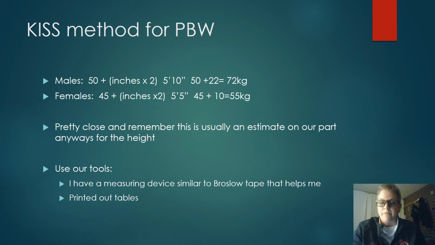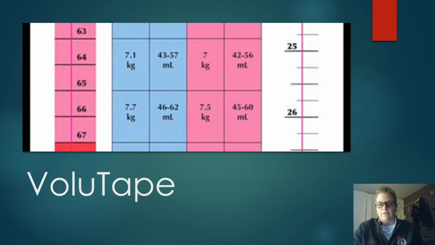I also have this thing called a volume tape that I had bought, and basically this is a Broselow tape for height. So I'm going to measure it on adults, it can measure kiddos, it could go down to 1 inch all the way up to 7 foot.